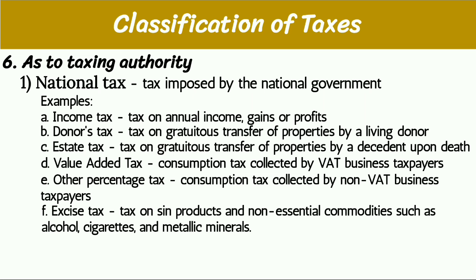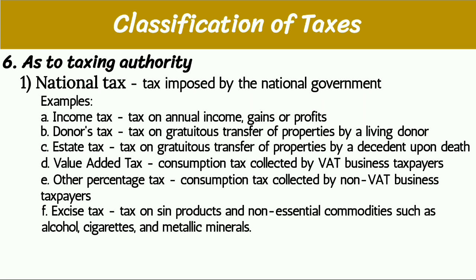Next, sixth, excise tax. This is a tax on sin products and non-essential commodities such as alcohol, cigarettes, and metallic minerals. So ito na yung sinasabi kong excise tax sa non-essential commodities or goods. Yung excise tax na diniscuss ko kanina ay yung privilege tax.